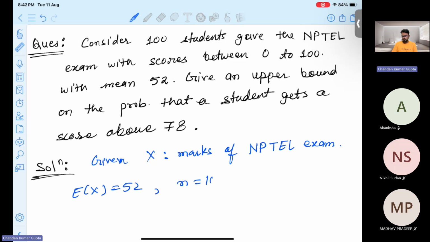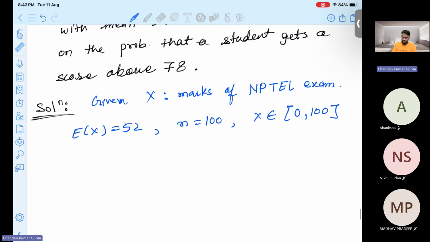The number of students involved in the exam is 100. So that means x belongs to 0 to 100, including both, obviously. Someone has responded: we will use the Markov inequality here, answer will be 2 by 3. Yes, answer will be 2 by 3 perhaps. But yes, Markov inequality, because we have only the average value. So it is correct up to this point.